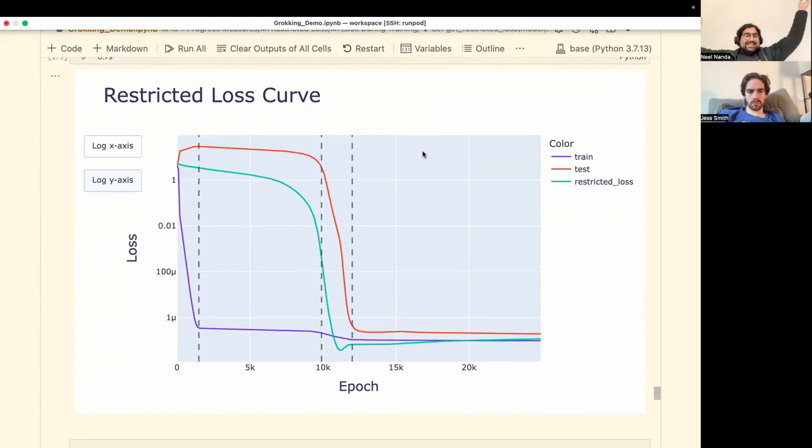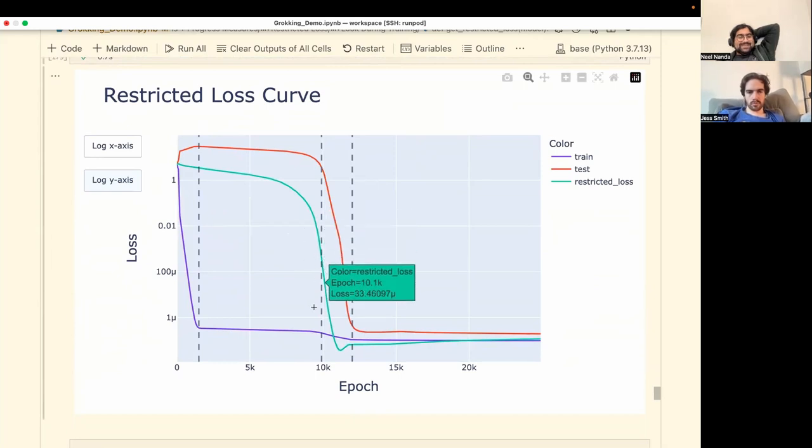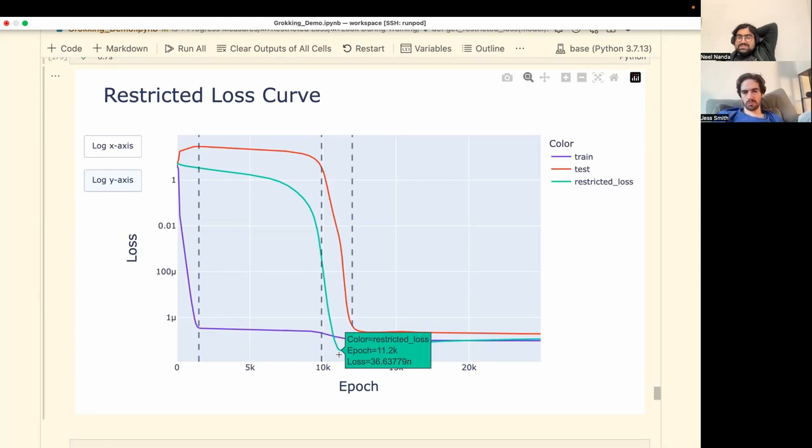And I guess the caveat to all the stuff I was saying earlier is that restricted loss goes down significantly faster and more sharply. It has this weird bounce down here, probably because of some specific flavor of AdamW, where making train loss go down has momentum, but accumulates gradients via exponentially weighted moving averages.